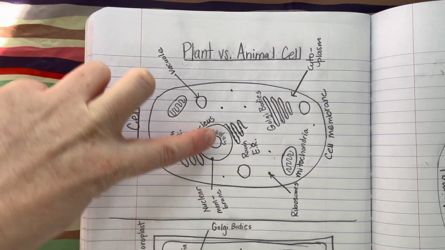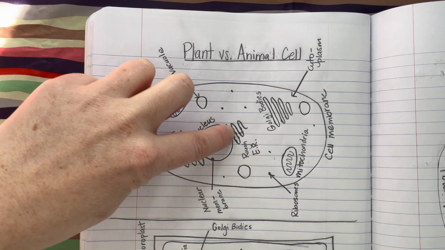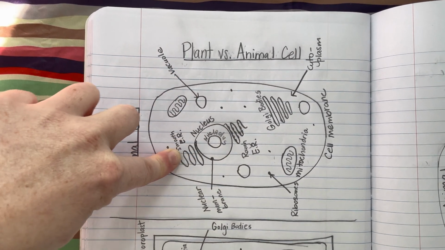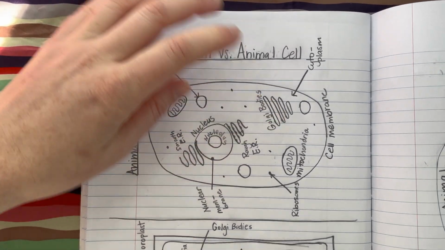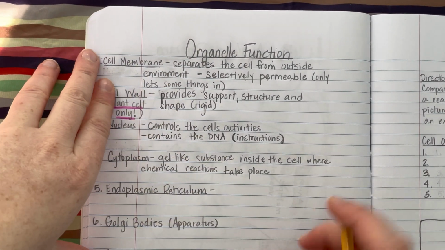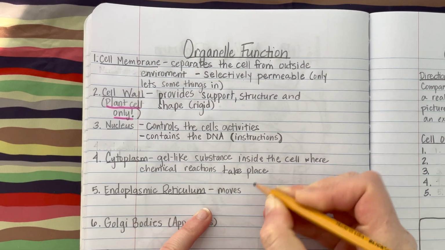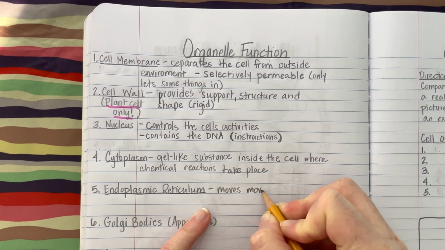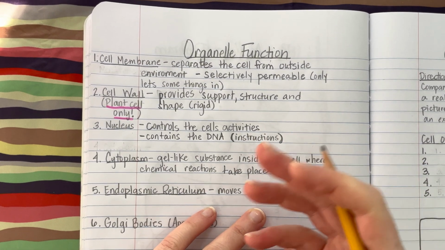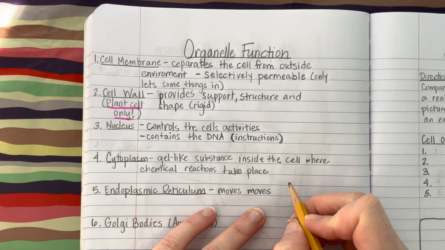The nucleolus makes ribosomes, which we'll talk about later, but part of the endoplasmic reticulum is rough because it has some ribosomes on it, and some of it's smooth, but this is basically a kind of a tunnel, a gateway of sorts, that moves materials around the cell. So wherever they need to go in order to be processed, think of the cell as a machine. It's got all these working parts and everything's got its own job.